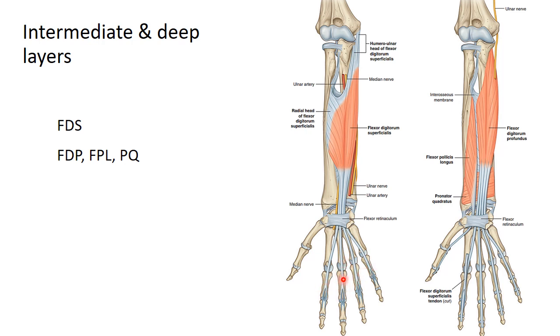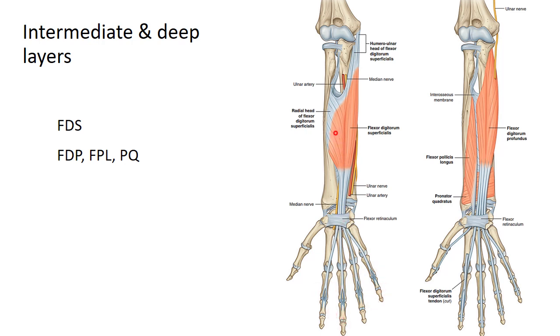Before it reaches the middle phalanges, each tendon splits into two parts, and then attaches on the two sides of the middle phalanx for each finger of the medial four fingers.